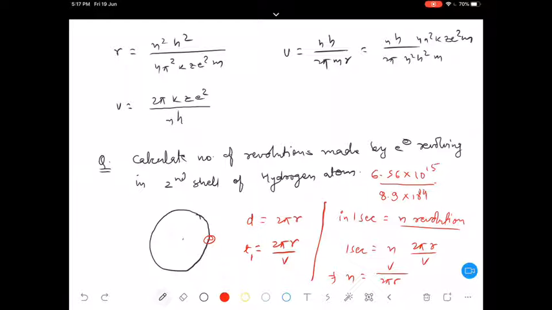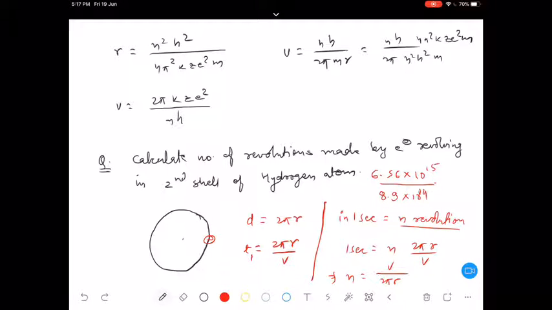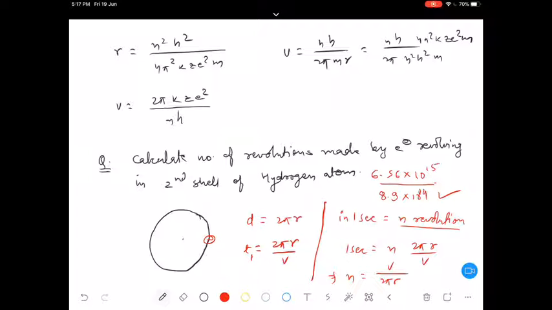Now everyone get the answer for that and check whether it is coming out to be 8.9 into 10 to the power 14 or not. All of you quickly.